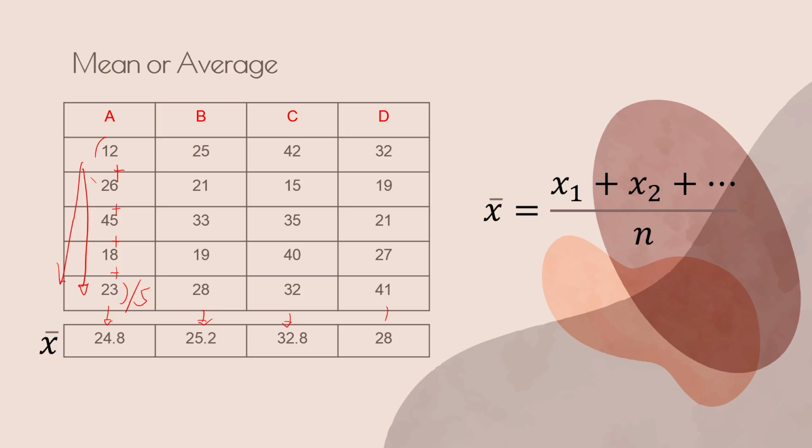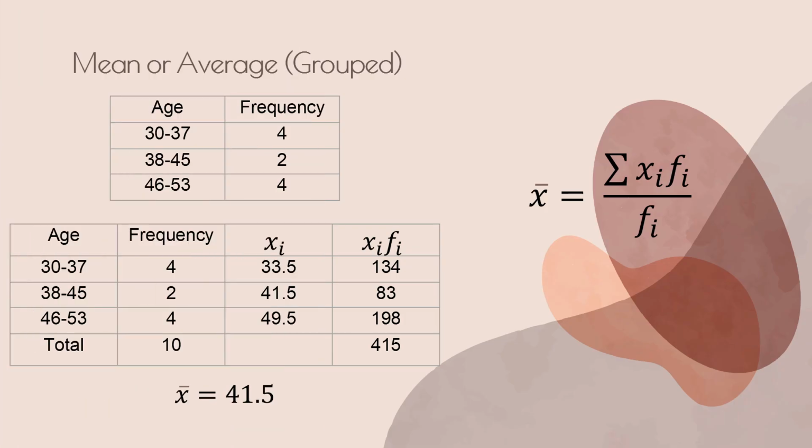I'm sure that everyone who's watching this video has already computed an average once in their life, so we're not going to dive deeper into how the mean is computed, but instead let's talk about how the mean or the average is computed for grouped data.